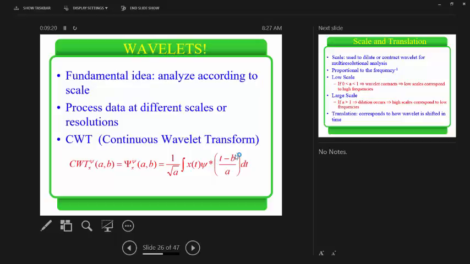This is the domain from which I want to make the transform. In our case, I don't want to make a transform from the temporal domain, I want to make a transform from the spatial domain. So in the image, this time will be replaced by the position, by the space. Do you have any question about this part? I don't want you to memorize this formula, I just want you to know it, okay?